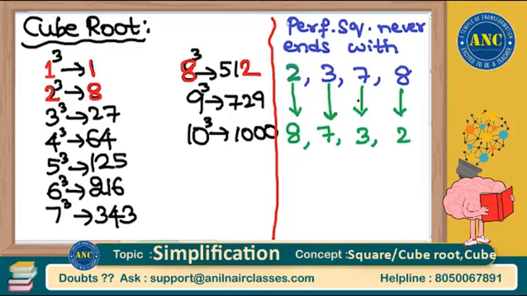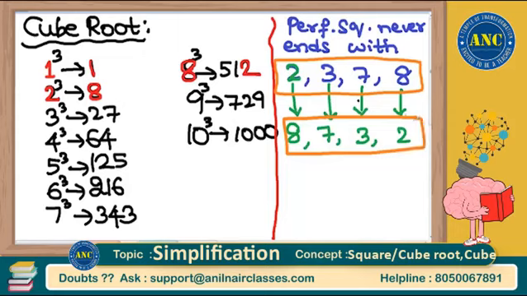Only these four numbers 2, 3, 7 or 8, when I cube them, I will have different digits at the end, and those different digits are the tens complement of the original number. Remaining are not there. If I cube 1, I will have 1 only as the unit digit. If I cube 4, I will have 4 only. If I cube 5, I will have 5 only.